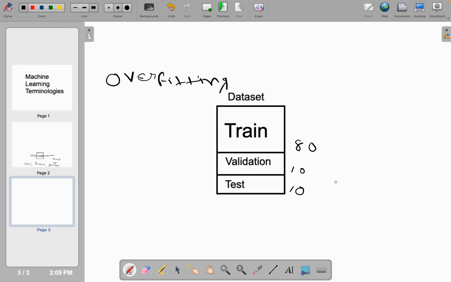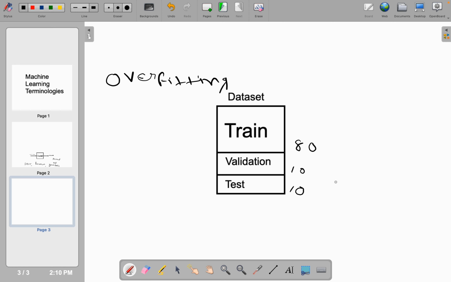So it cannot perform very well on the validation data set, right? You can think of it like a student who is able to solve the problems that were already taught by the teacher, but is not able to perform well on a practice test with problems not taught by the teacher, right? So it's called overfitting.